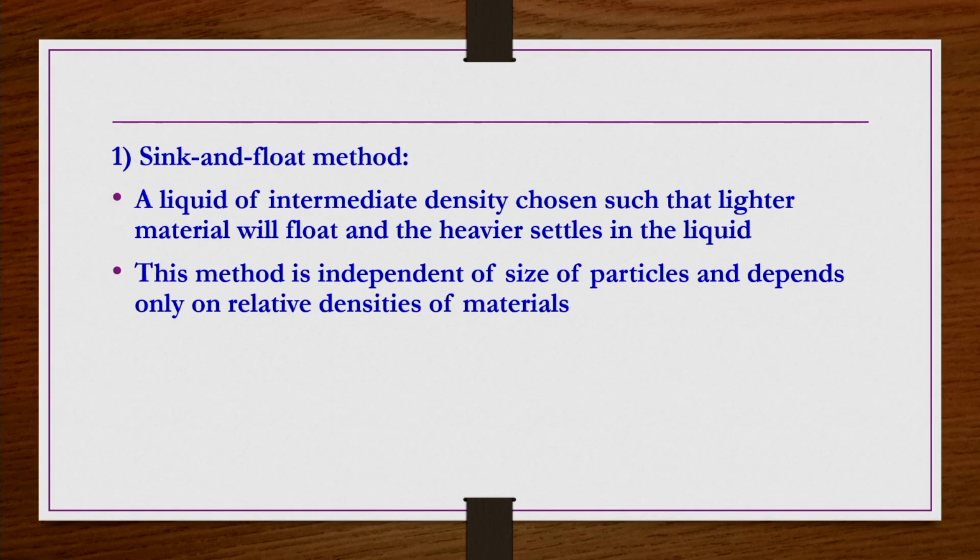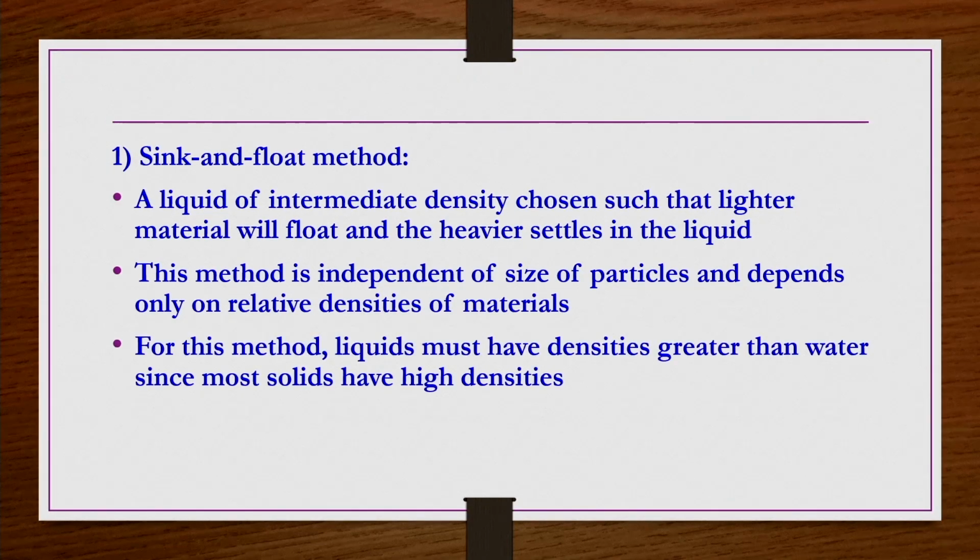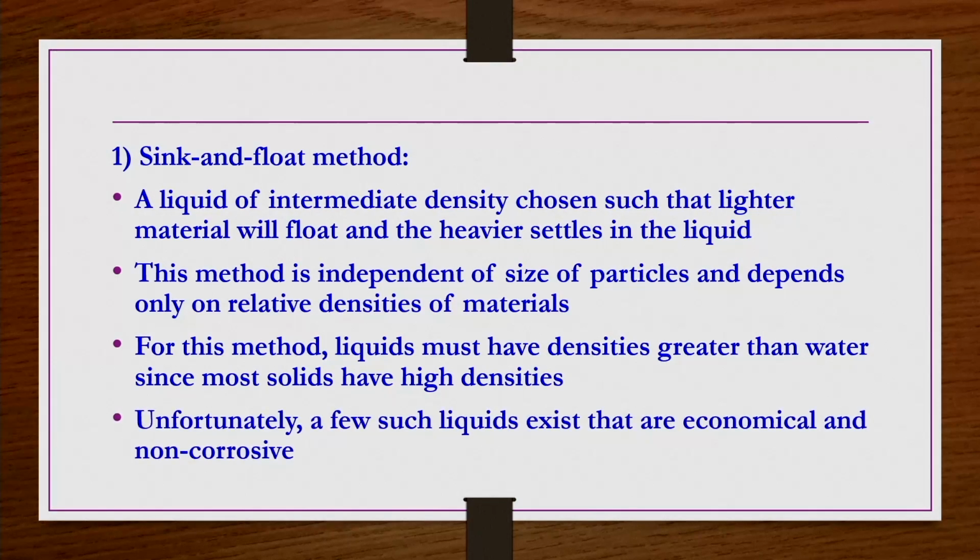Alright. So, that is the reason this method is known as the sink and float method. This method is independent of the size of the particles and depends only on relative densities of the materials. For this method, liquids must have densities greater than water, since most solids have high densities. Unfortunately, a few such liquids exist that are economical and non-corrosive.